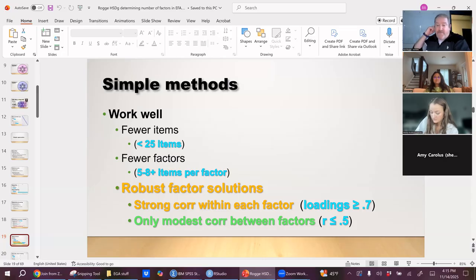So I'd say factor loadings, like pattern matrix or structure matrix loadings, or if you're doing orthogonal, just factor loadings, of 0.7 or higher. And only modest between factor correlations, like different factors correlating 0.5 or less. Does it make sense to everybody? Nice discriminant validity.